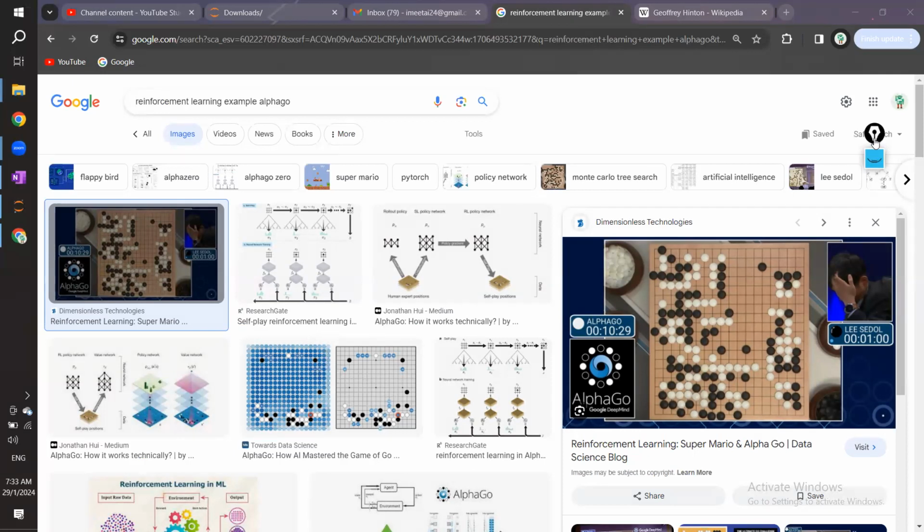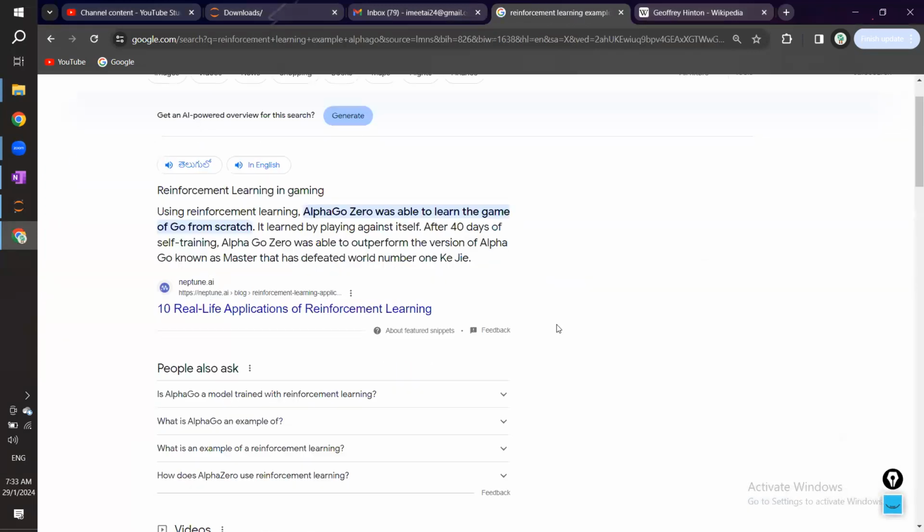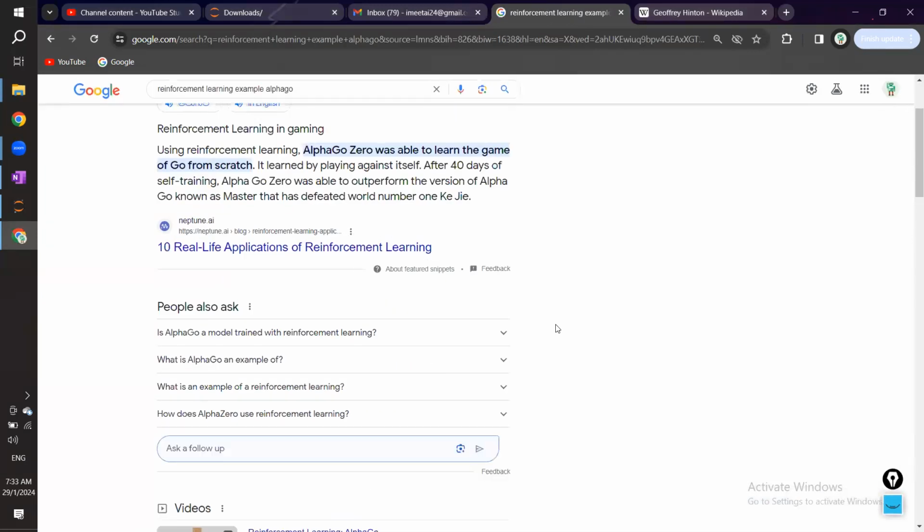Then it actually came into the picture. Because of this game, it became famous. You can go through what this game is. It's not that easy a game. I also did not see what exactly this game is, but the point is that it is not an easy game.